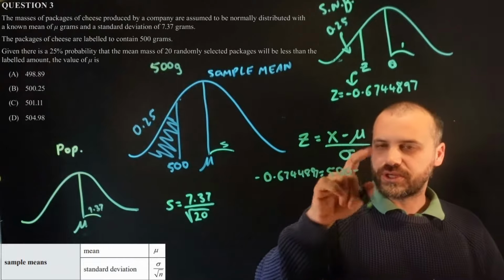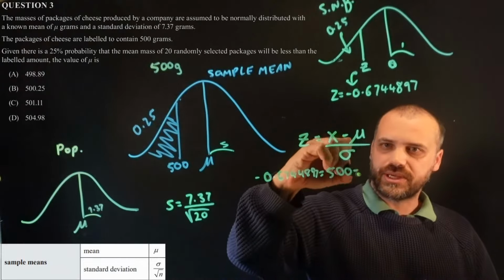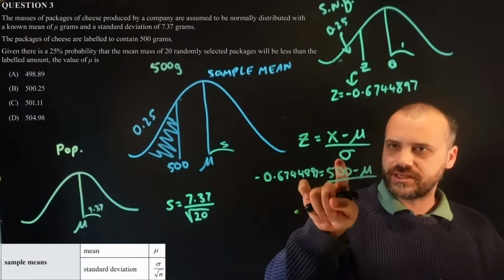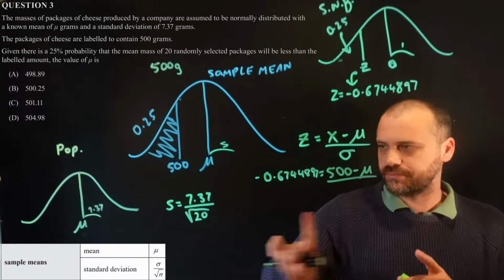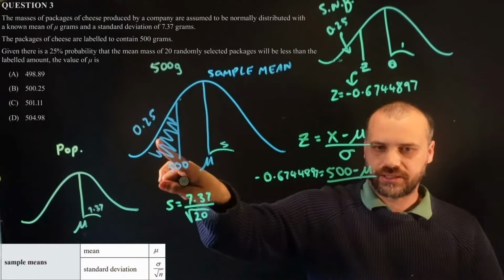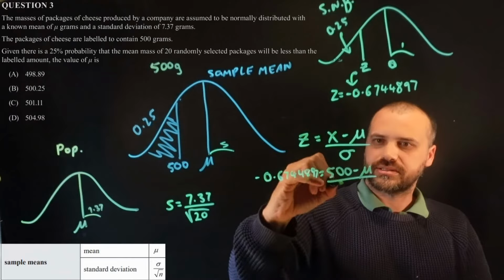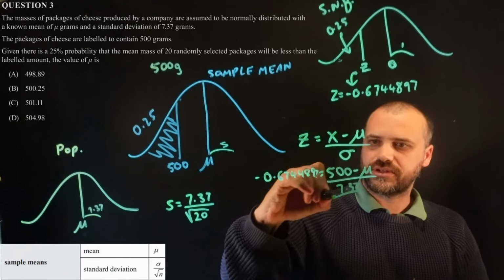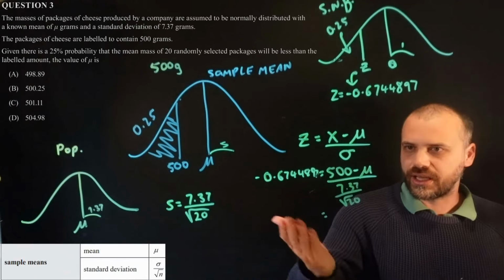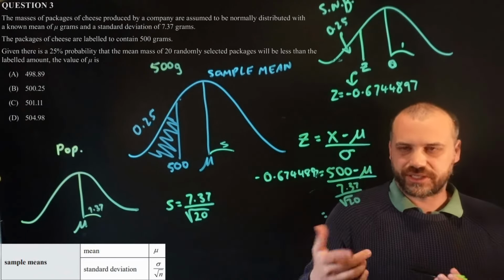Minus the mean, which we don't know but would like to know, over the standard deviation. We're not using the population standard deviation because we're interested in the sample mean. And so we're going to use 7.37 over root 20.